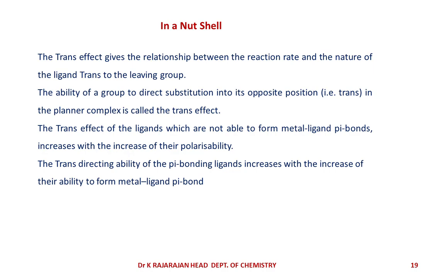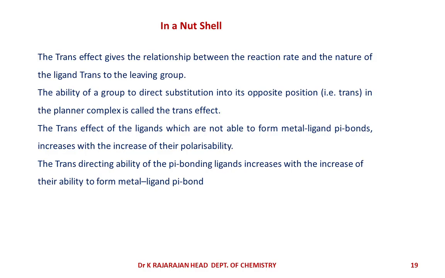So what we have seen so far is, initially, what is meant by trans effect. The trans effect gives the relationship between the rate of the reaction and the nature of the ligand trans to the leaving group. The ability of a group to direct substitution into its opposite position, that is the trans position in the planar complex, is called the trans effect.